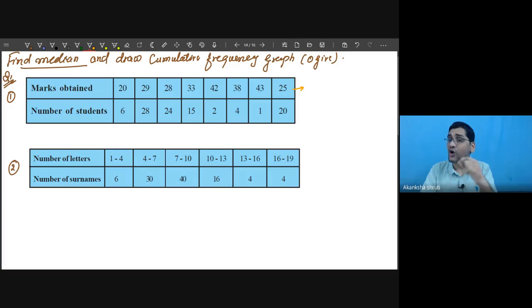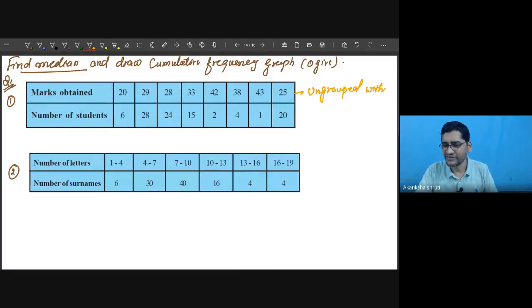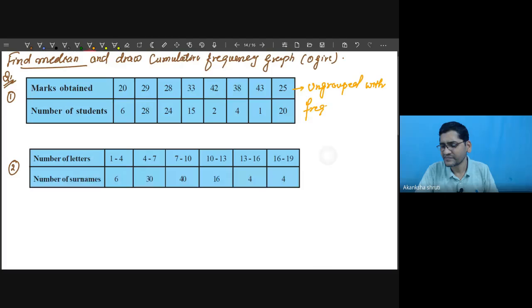Individual data is not known to us in case of grouped data. So it is ungrouped with frequency. Why this? To represent it in compact form, in lesser space, to write in compact form.